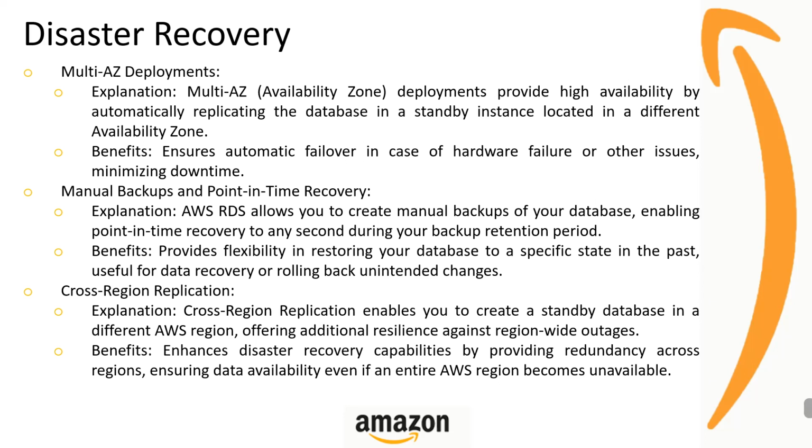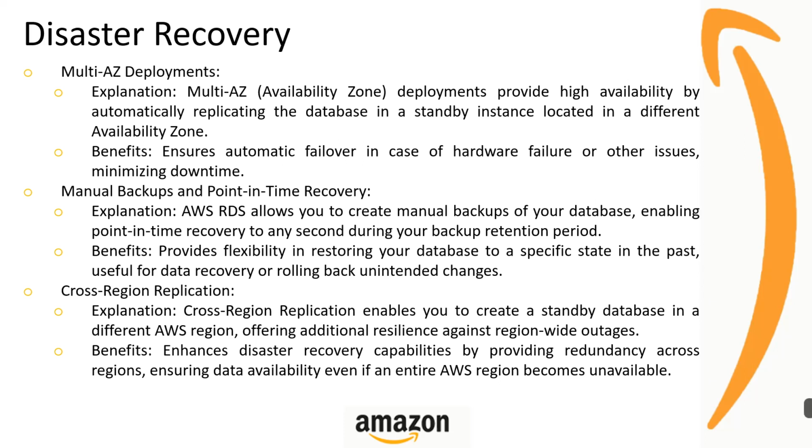And the manual backup. Let's understand the manual backup and point in time recovery. AWS allows you to create a manual backup of your data, enabling point in time recovery to any second during your backup retention period.